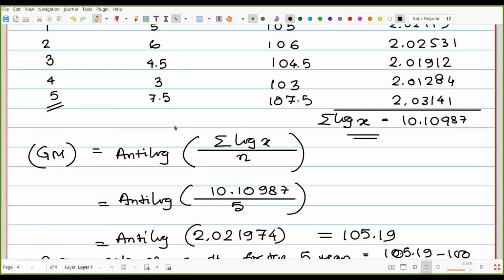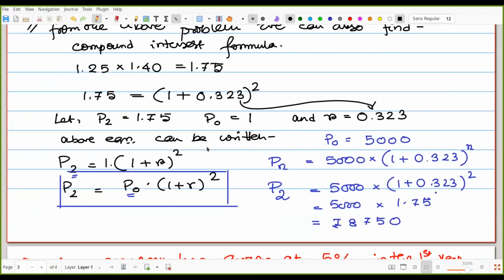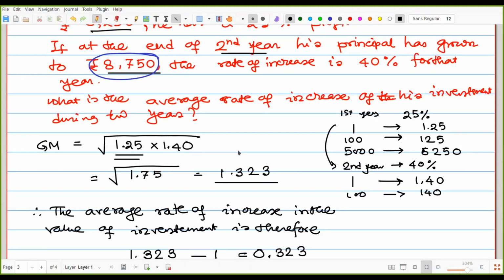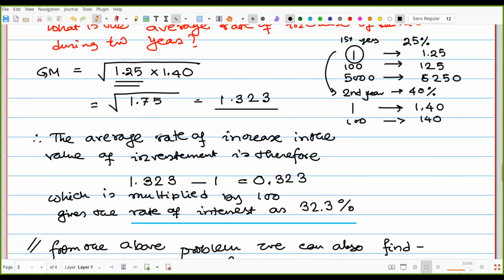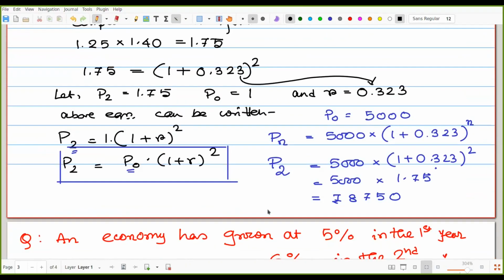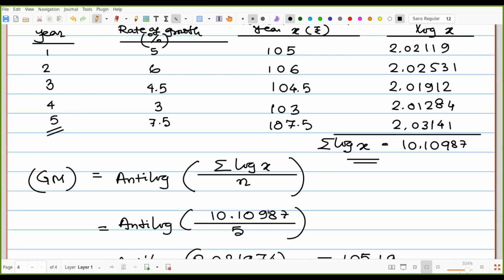In the first problem, we had used the 1, that's why we had to multiply it with 100. But here we have already used the percentage sign and already used the 100.